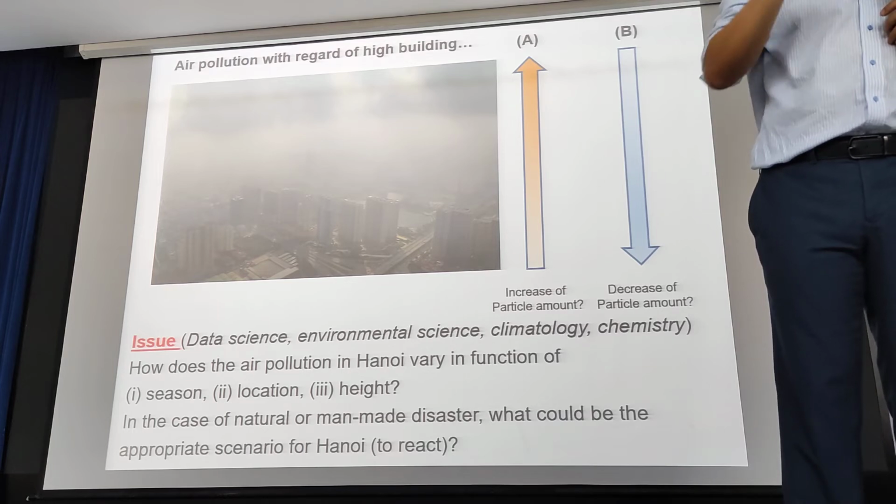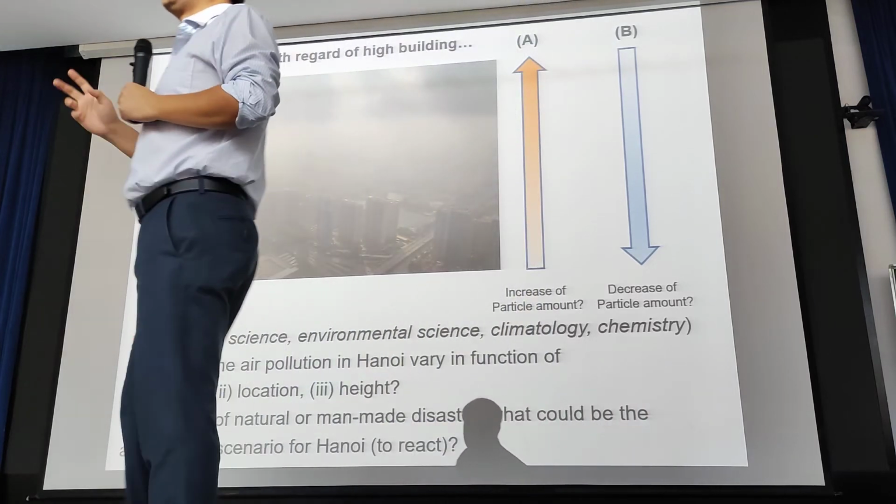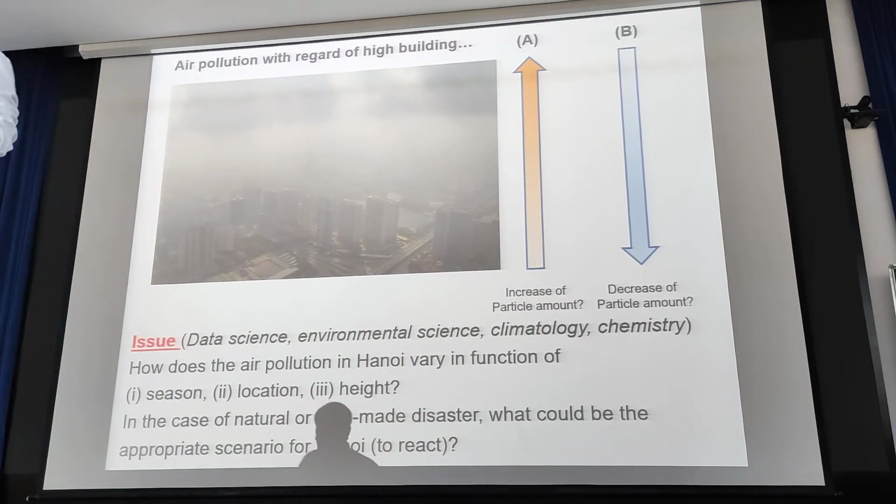So now the question is, in the case of a disaster coming from a nuclear power plant in China, in which scenario will Hanoi be affected? In which season will Hanoi be safe? Because we don't know at which moment the accident will come, right? So we need to prepare for all scenarios. If the accident happened in October, the behavior in Hanoi can be different compared with the summertime. You understand what I mean?